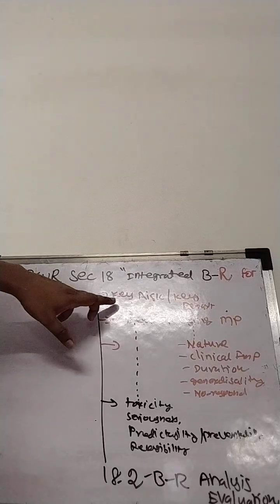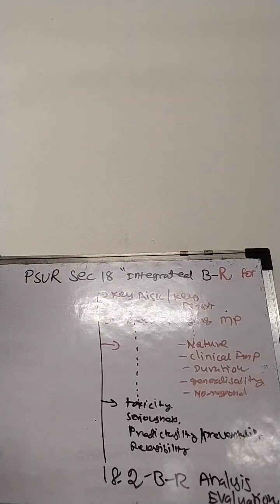As we said earlier, key risks and key benefits are the core thing. Also the context of using the medicinal product: which condition this product is authorized for, which seriousness is to be treated, and what severity of patient should receive this product. Those things should be kept in mind.